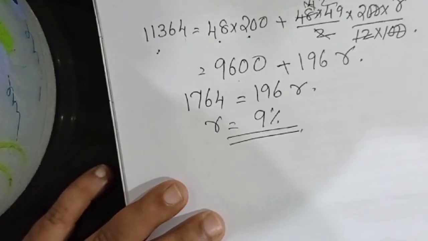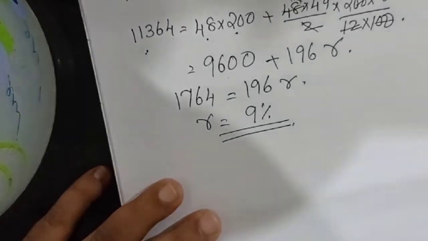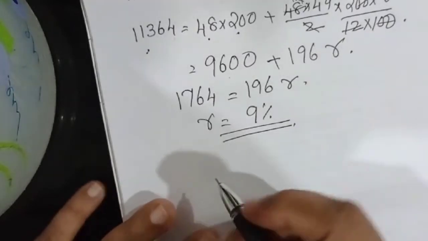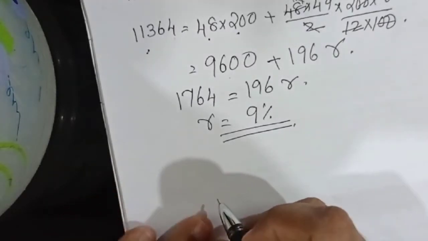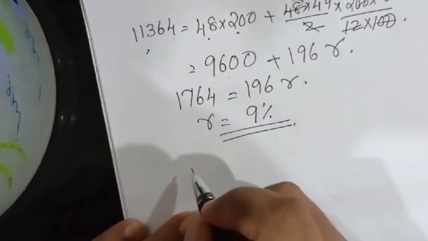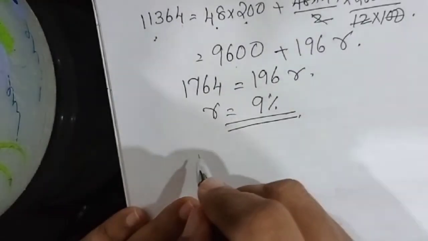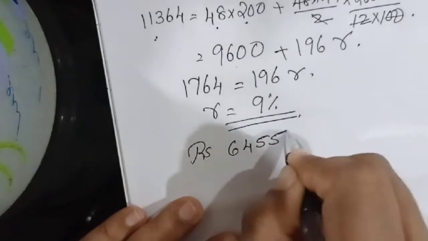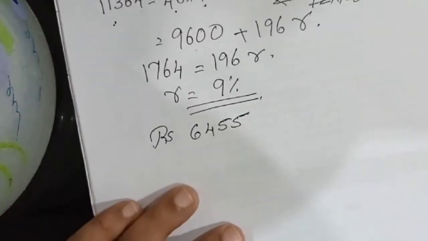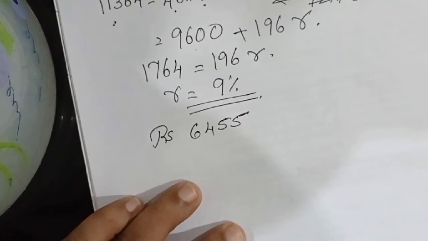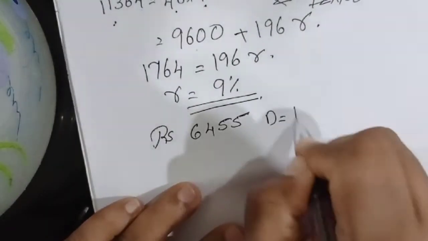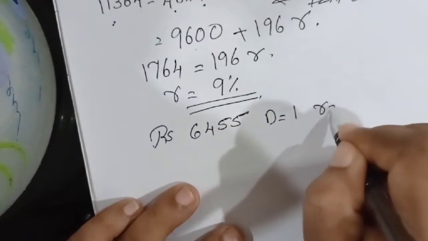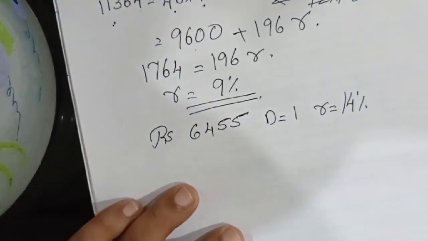Write the next question. Mr. R.K. Nair gets rupees 6,455 at the end of 1 year at the rate of 14%.